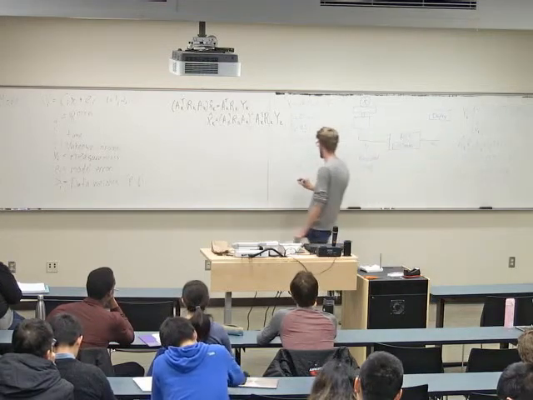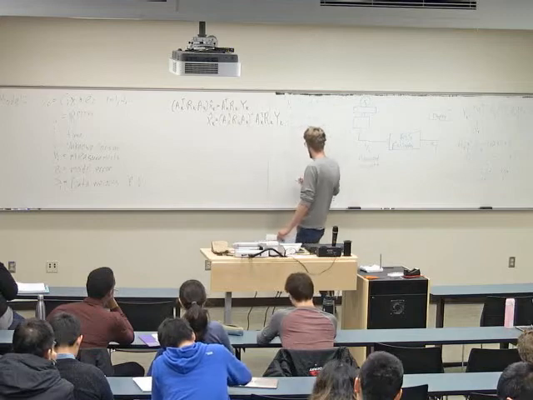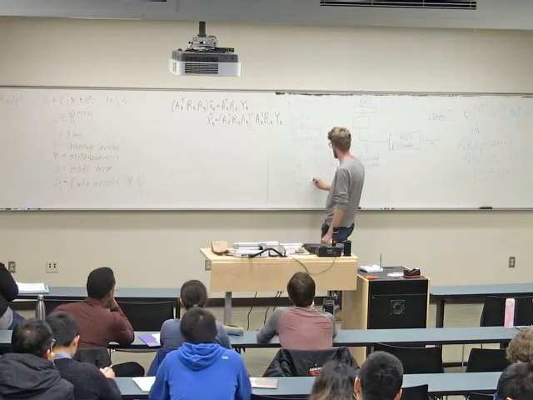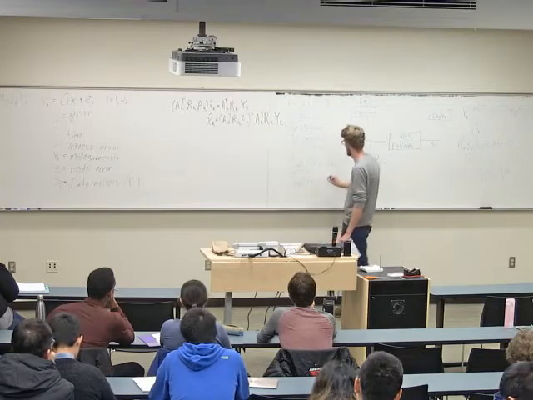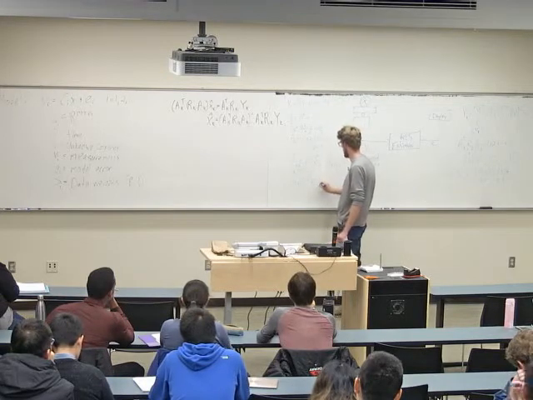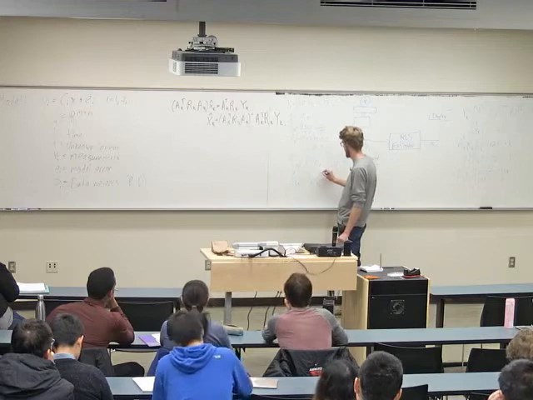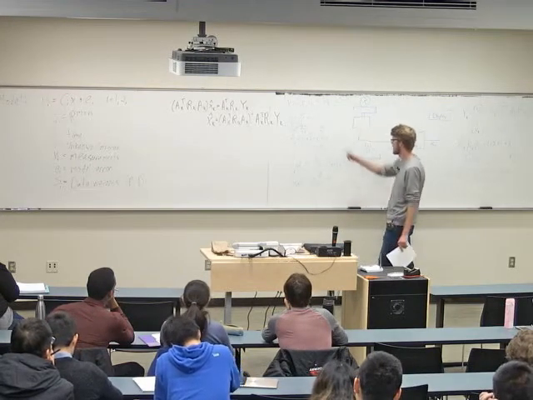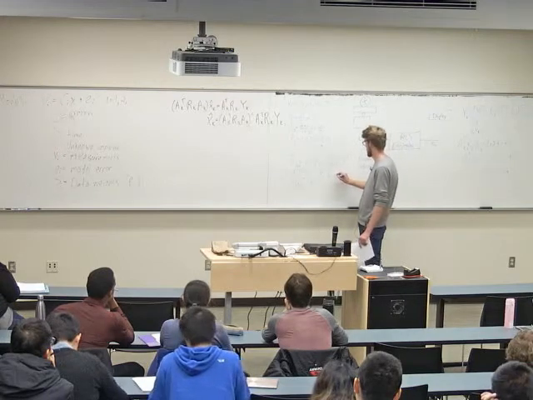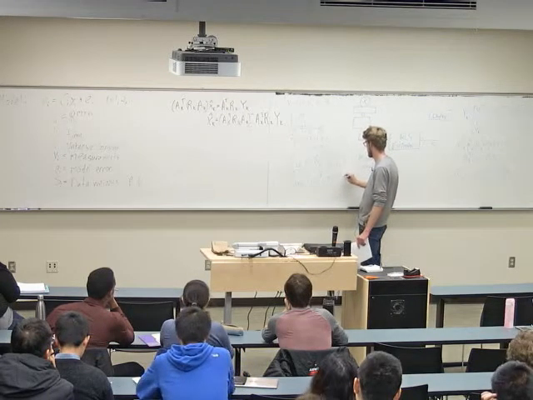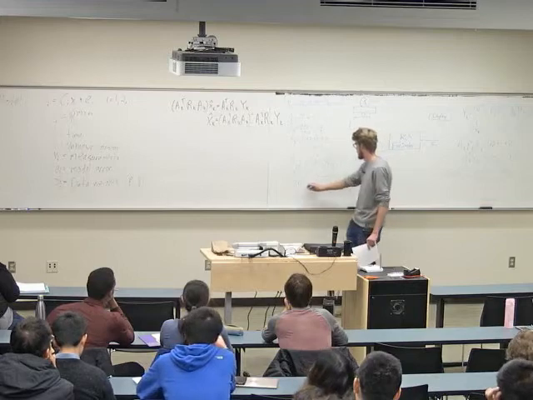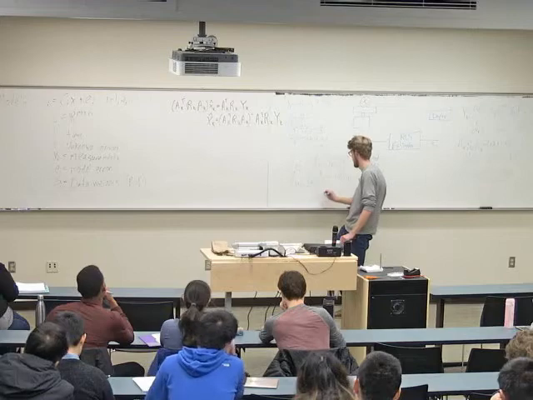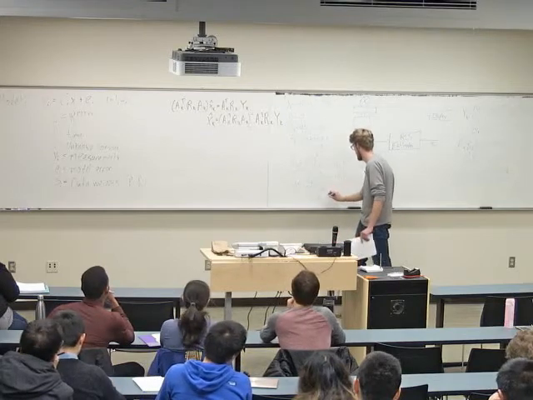So we can express that as xk plus 1 hat is equal to xk hat times the sum from i equals 1 to k of i. Then we add in our term, which is k plus 1 times yk plus 1, and we divide by our new sum, which is the sum from i equals 1 to k plus 1 of i.